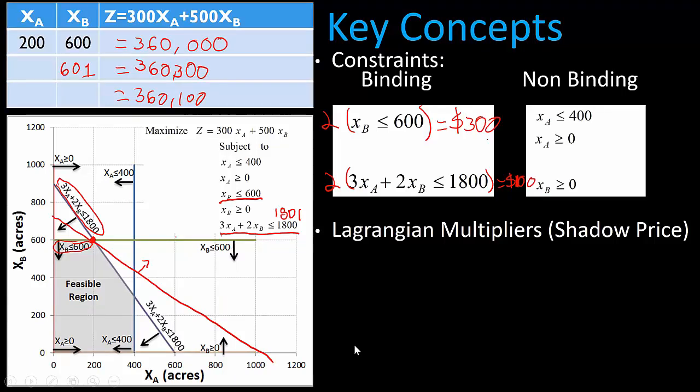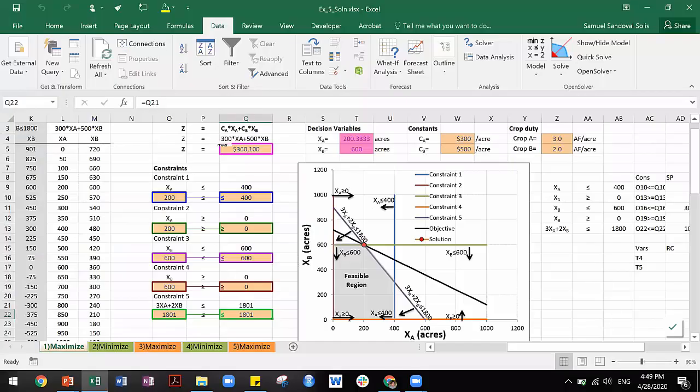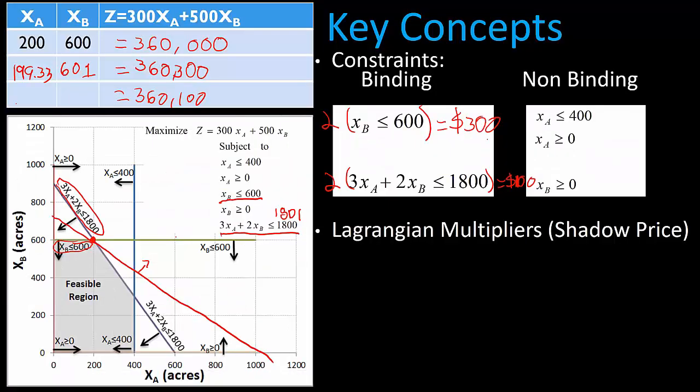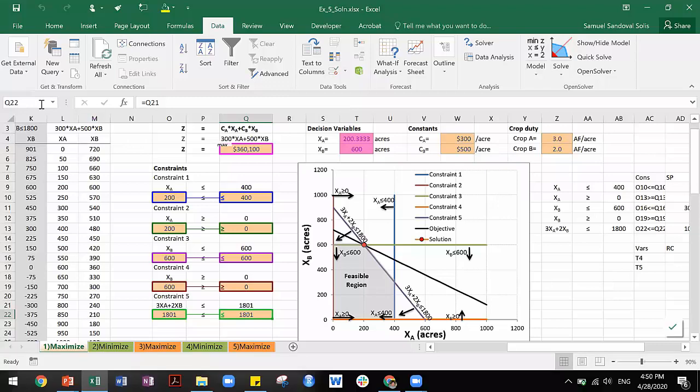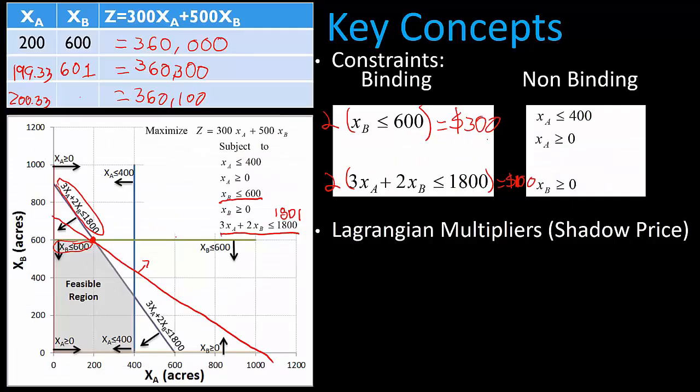What does that mean? That you will get $100 more if you relax that one. In this case, the values will be here 200.33, and the other one will be the same 600, because we only relax that one.